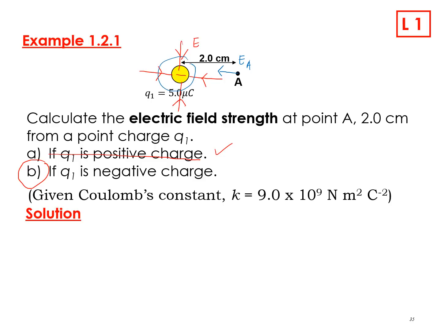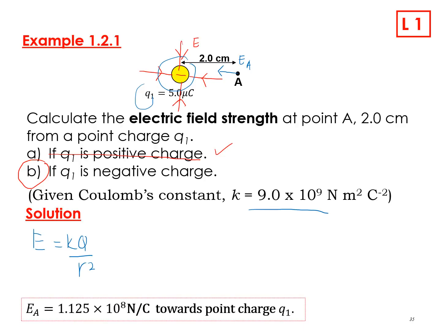You calculate the magnitude, KQ over R squared. You substitute the value of K and then the magnitude of Q1, which is 5 microcoulomb without the sign, even though it's a negative charge, and then you will get the answer.